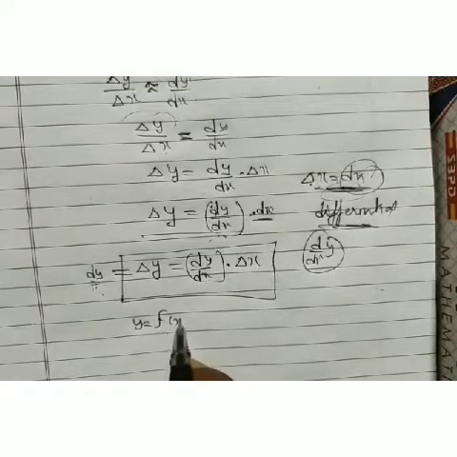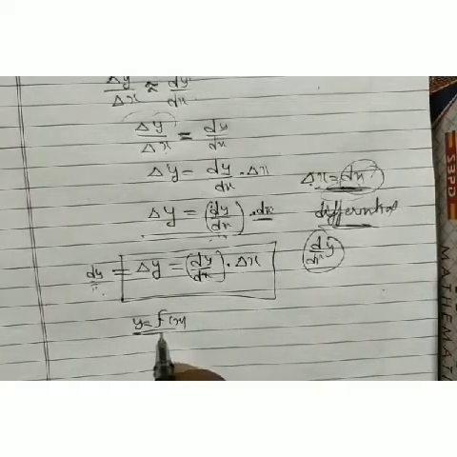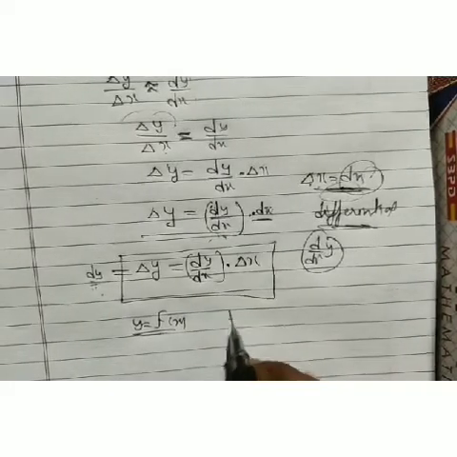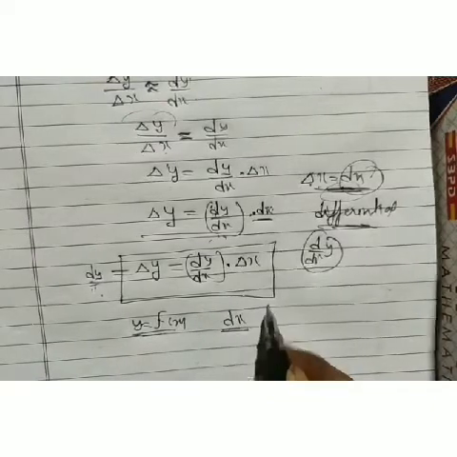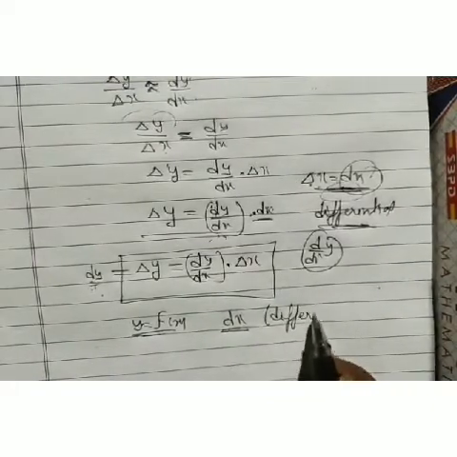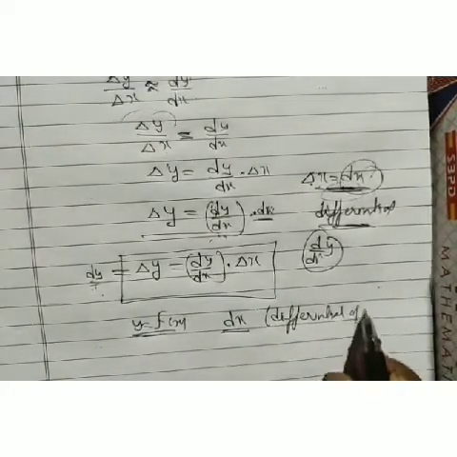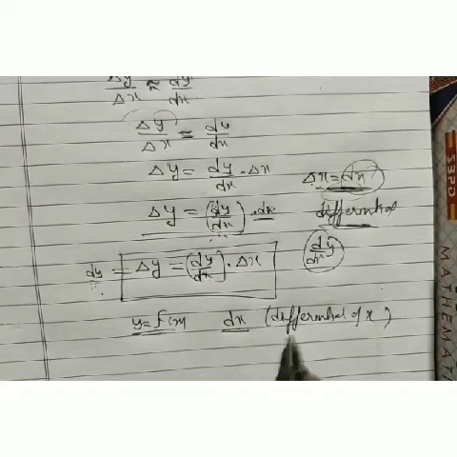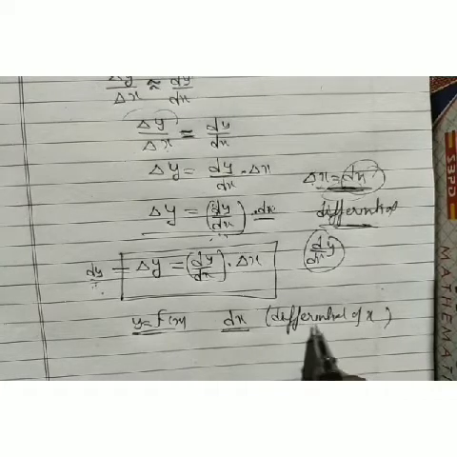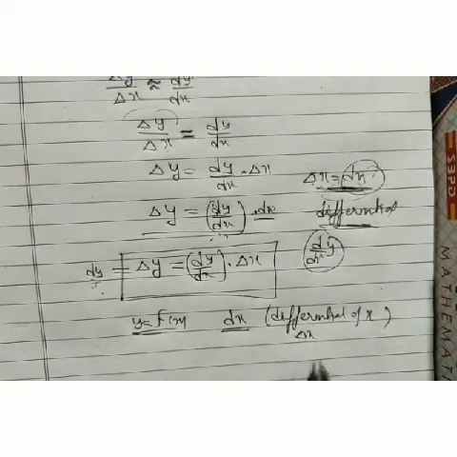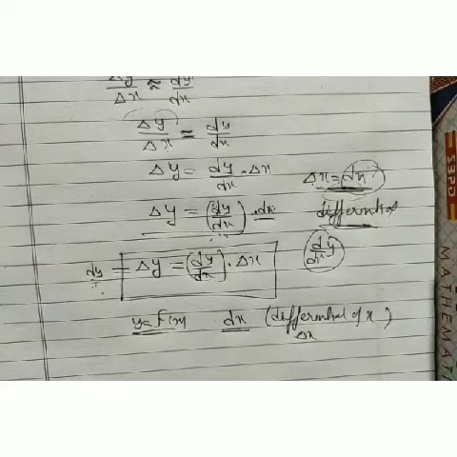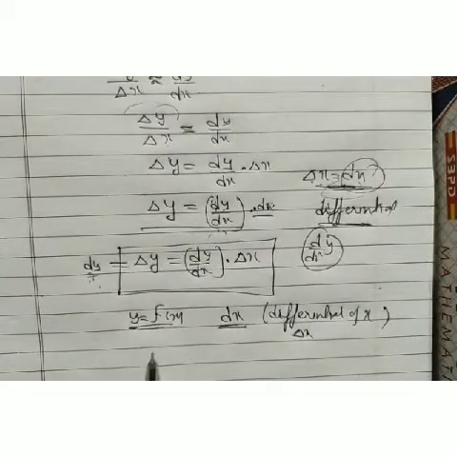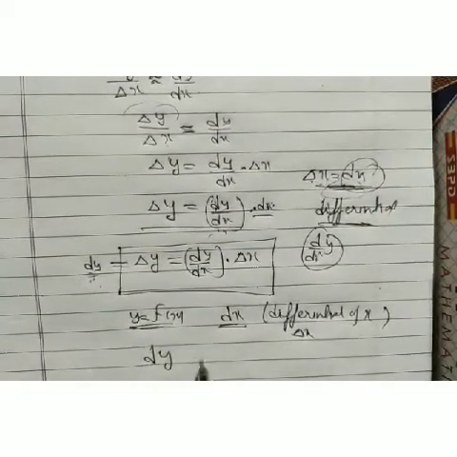I am going to revise this again. For any curve y equal to f(x), dx is called the differential of x, and it is our non-zero real number delta x. And dy is called the differential of y.